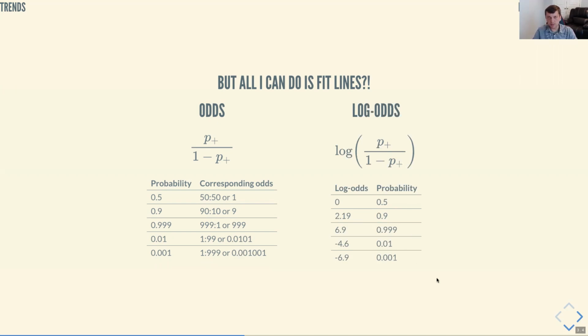Our probabilities are bounded between 0 and 1, but log odds now become symmetric, right? They're positive and negative and around 0. They're not like here. So those are the odds, and those are the corresponding log odds.